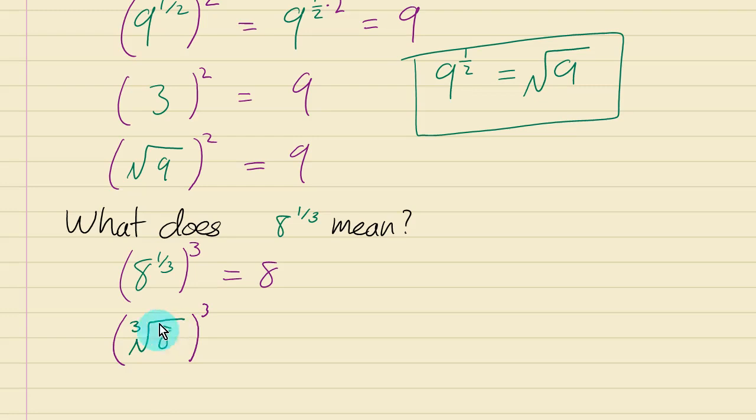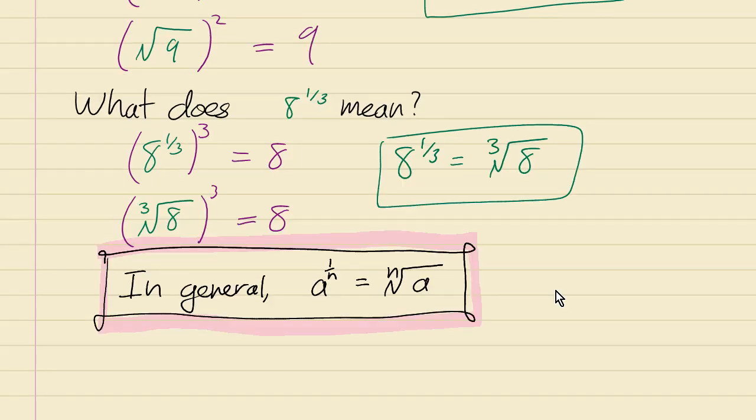The cube root of 8 is some number you can raise to the power 3 and you'll get 8. So 8 to the 1/3 should be equal to the cube root of 8. So this is the general definition of a rational exponent. We have 1 divided by something, and the denominator of the exponent, the n, becomes the index of the radical.